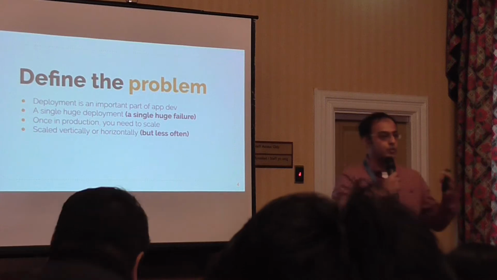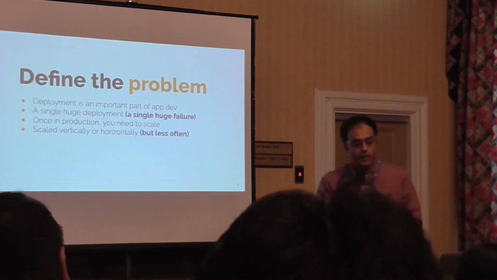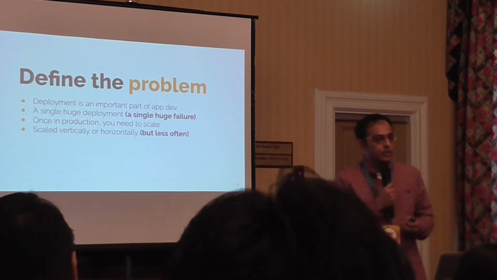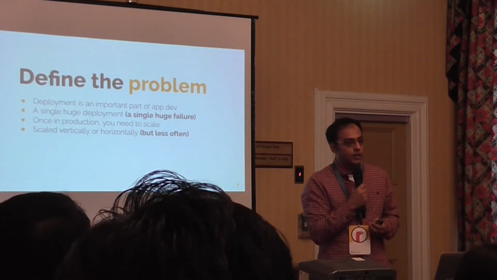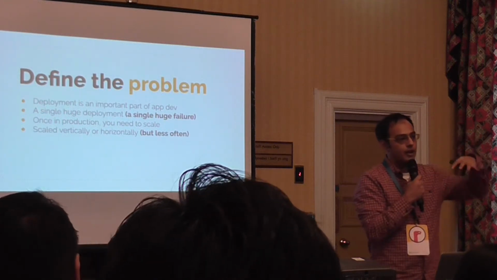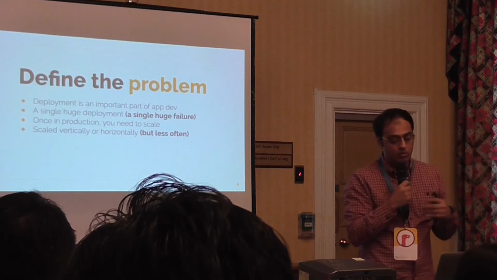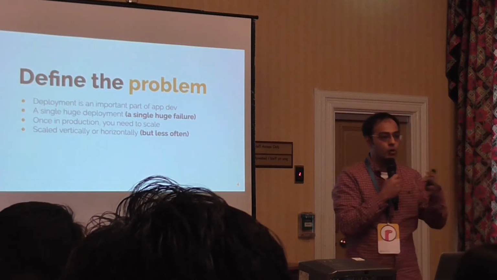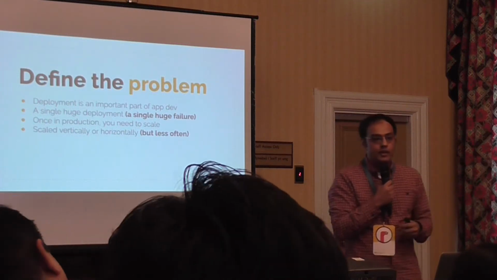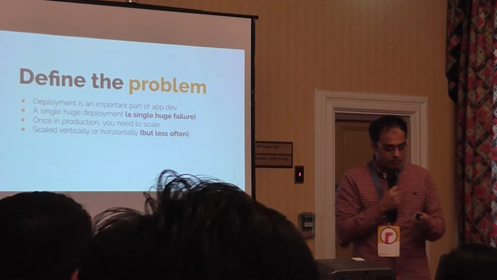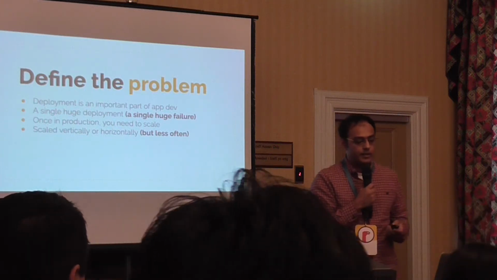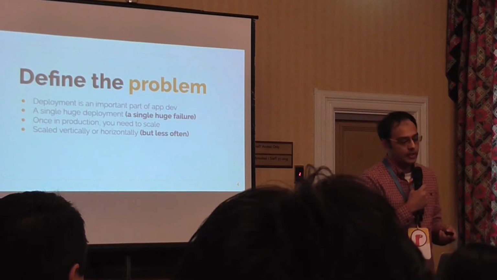That's a single huge failure that can happen to our application. And once in production, you obviously have to think about scaling as well. You can scale vertically, adding bigger and bigger machines, or horizontally, adding more machines and a load balancer in front to balance the load across all machines. The point is that these are non-trivial things.